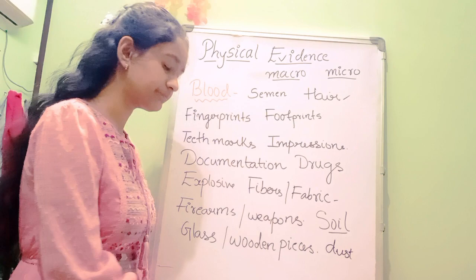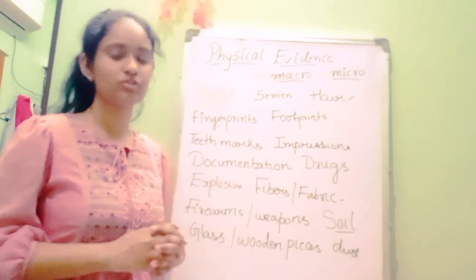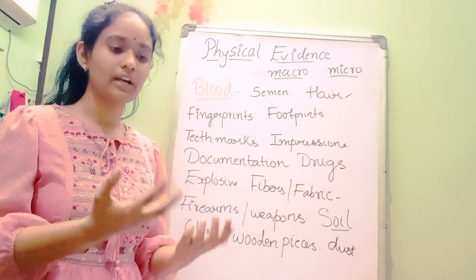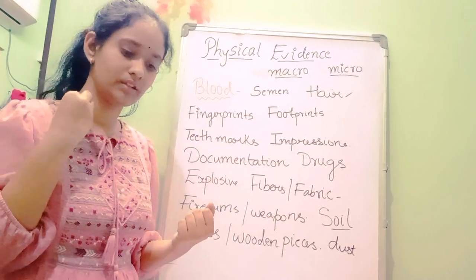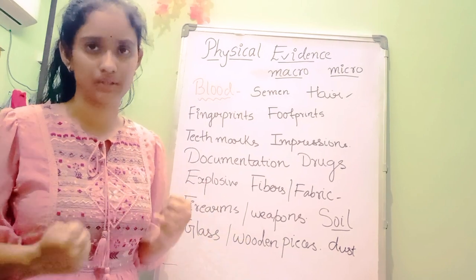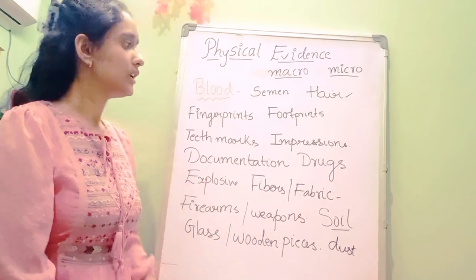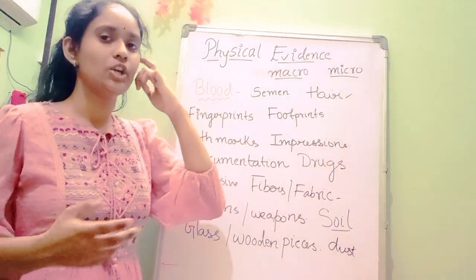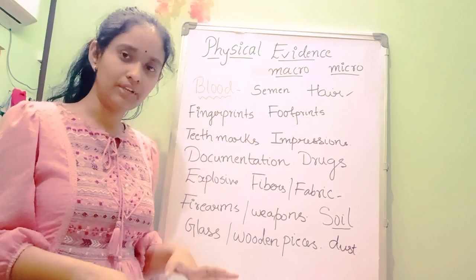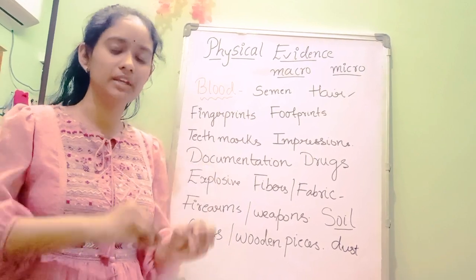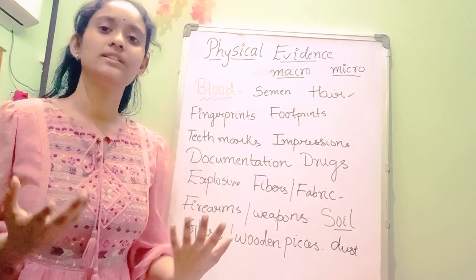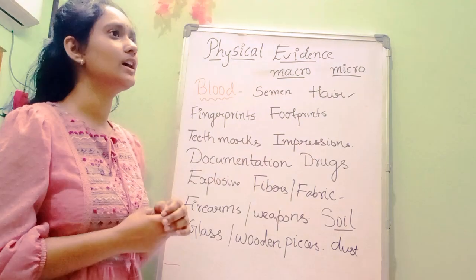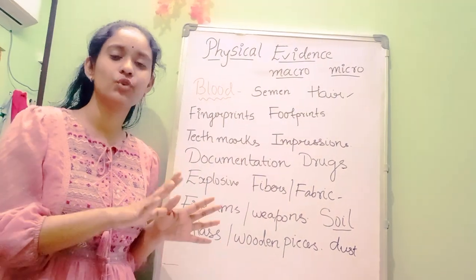Physical evidence is a major thing to solve a crime, and collecting it is the major first step for the forensic scientists or forensic experts. Now there is a question: you have collected macro and micro evidence, many things, but now we have to collect very carefully, and the important thing that comes next is preserving the evidence and sending it, which is a very important task for forensic scientists.